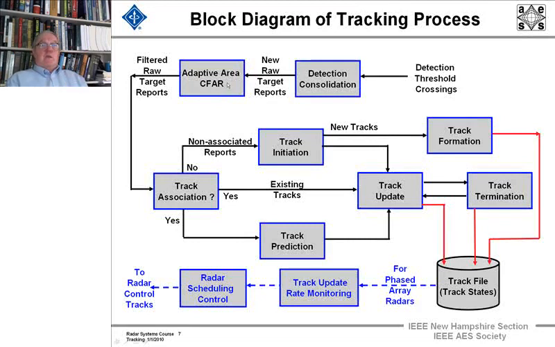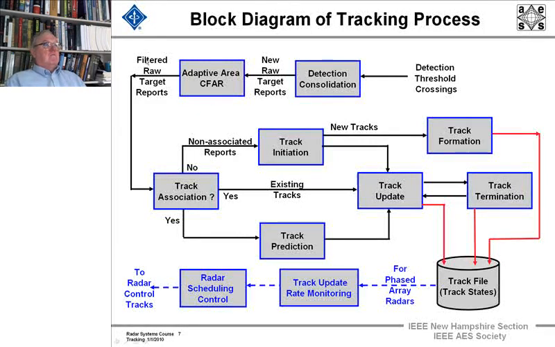And given the physical, I call it humanity of the geographic space around you, an area adaptive CFAR is an essential part of the radar, I'd call it pre-tracking process. And what we do this for is so that we don't overload the track files and try to initiate on a giant flock of birds that are coming up from Cuba as they do every spring for an hour to the Florida coast.